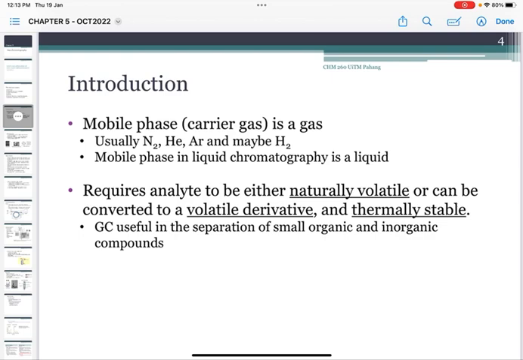Yeah, is a gas. Mobile phase or carrier gas, we also call it carrier. Phase is a gas. Yeah, normally we use nitrogen. We use nitrogen, helium, argon, and also hydrogen as gas in gas chromatography as a mobile phase.